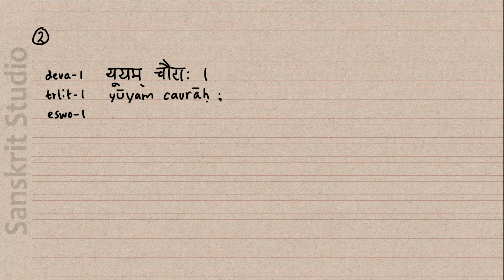And on our SWO line, as always, we are adding the verb at the very end here. So, Uyam is a pronoun, Chauraha is one thief, but now we have Chauraha, so that we have many thieves.